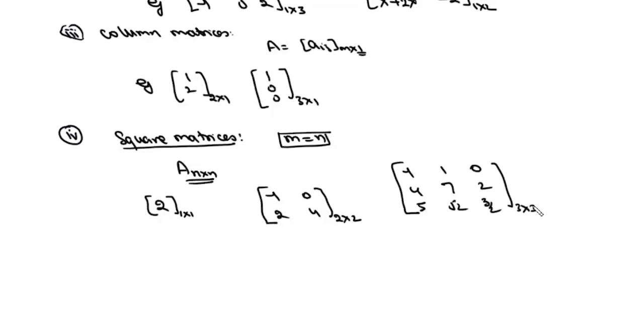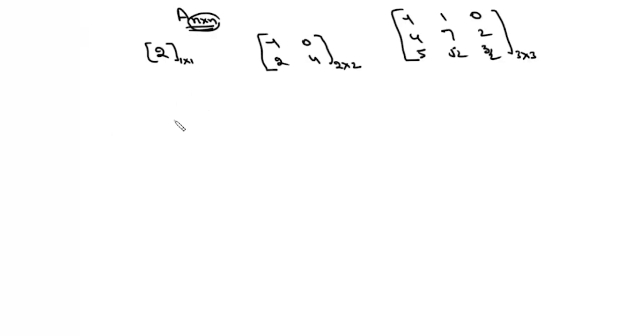So any matrix which has the same number of rows and columns, we say it is a square matrix, and we generally write its order as n cross n. Or at times we will just simply say A is a square matrix of order n. And if we say order n, it means it is n cross n. So if we write any n cross n matrix, then here we'll have n rows and n columns.